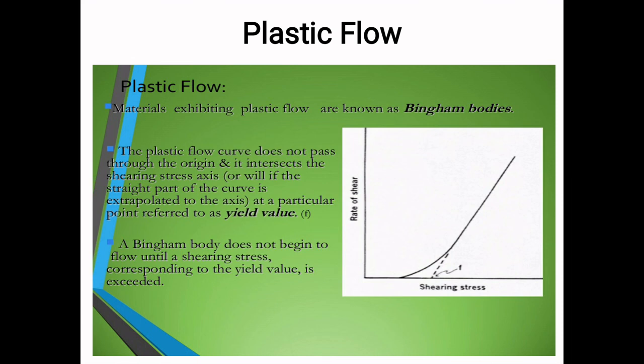Means in plastic flow, the curve does not pass through the origin and intersects somewhere on the axis of shear stress, and when we extrapolate it, that point is known as yield value. A Bingham body does not begin to flow until a shear stress.